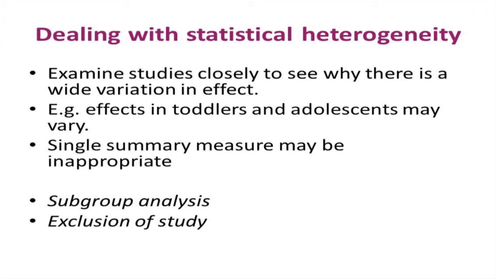If you have some studies showing that something is protective and other studies showing that it's a strong risk factor, you might get a summary effect that is a null finding, although you might miss really important information in the different studies. So what you could think about instead is subgroup analysis, and also do sensitivity analysis, excluding certain studies showing different results to see what you find.